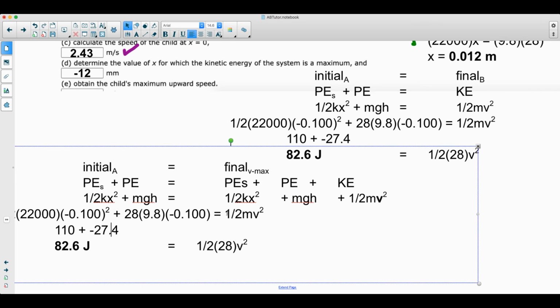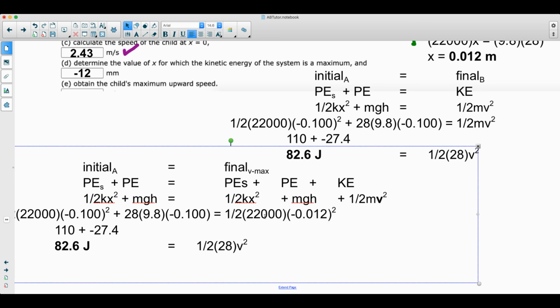All right, let's start running some numbers here. So 1/2 k was 22,000 times 0.012 meters squared.